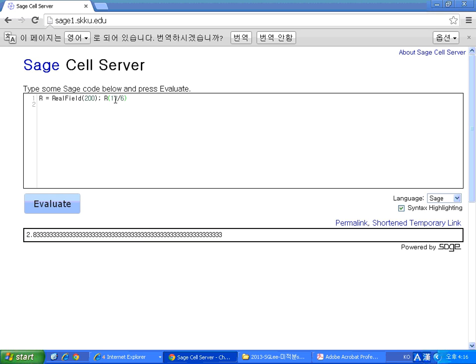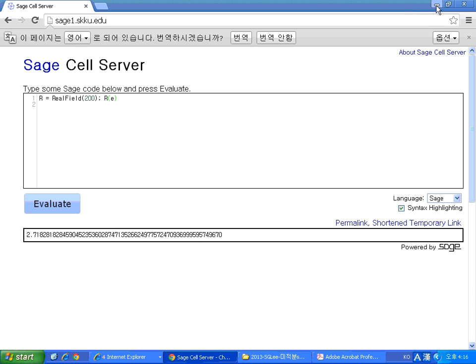Okay, 17 over 6 can be written as this in a decimal point, and pi can be found in this way, or the exponential number e can be found in this way.